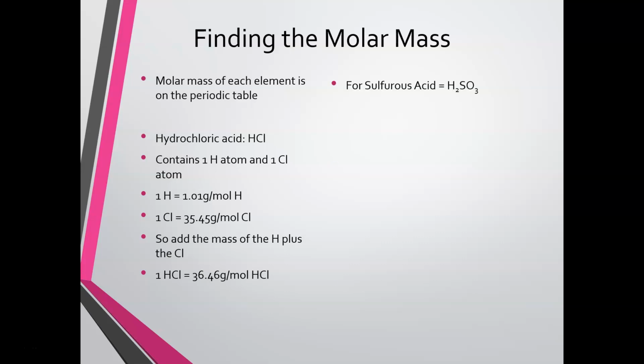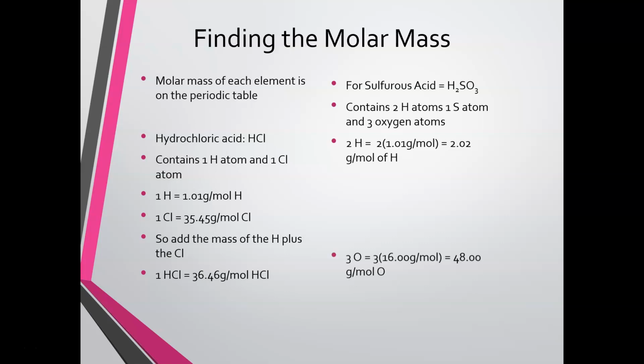Let's try another one. This one's a little harder. So if we have sulfurous acid, that's H2SO3. That means I have 2 hydrogens, 1 sulfur, and 3 oxygens. So if I have 2 hydrogens, I take the mass of hydrogen and I multiply it by 2, which gets me 2.02.